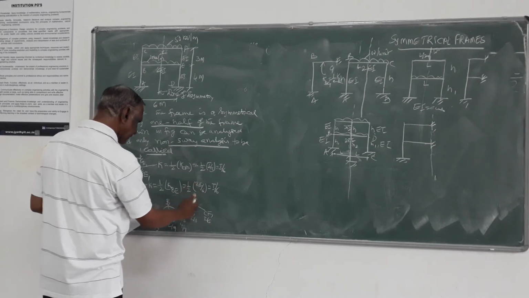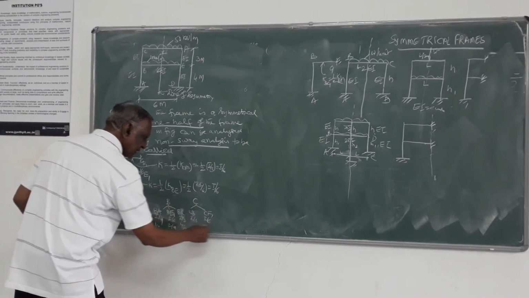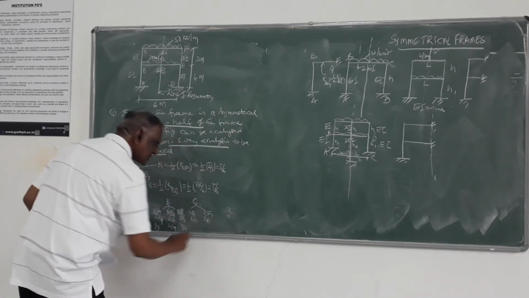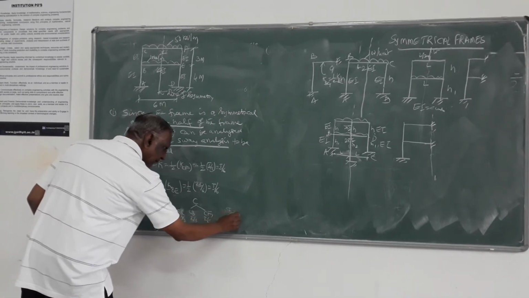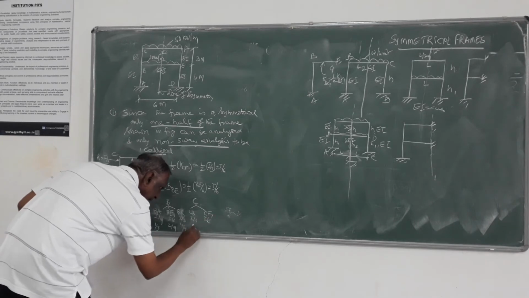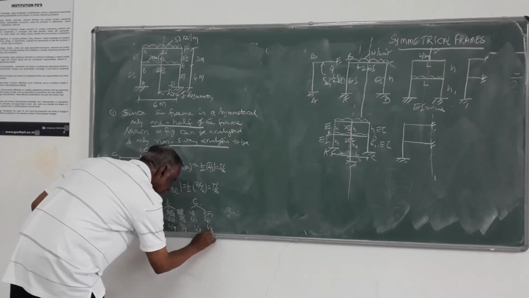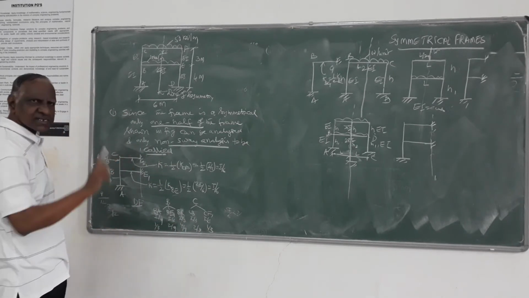Then for CB, CF1, the total stiffness, taking LCM 6, it is 3I by 6, that is I by 2. Therefore I by 3 divided by I by 2 is 2 by 3, and this is 1 by 3. You can sum up these distribution factors, it has to be 1.